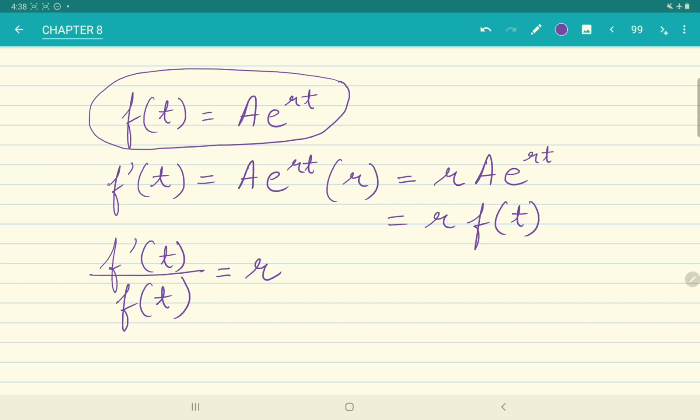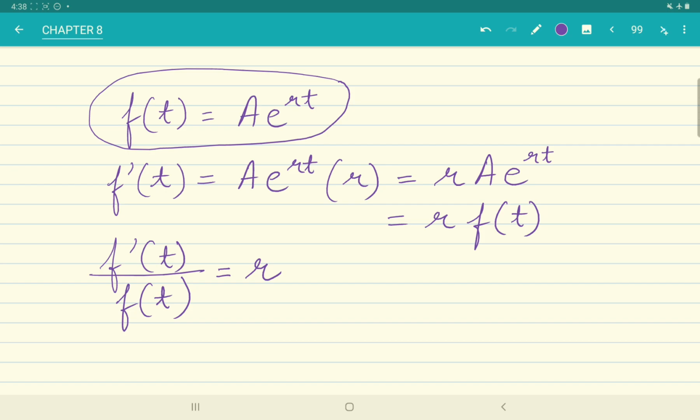So functions of this type are characterized by a constant relative rate of increase. The point to understand here is that only these functions have this kind of property. You don't have any function other than a e raised to the power rt having this property of a constant relative rate of increase.